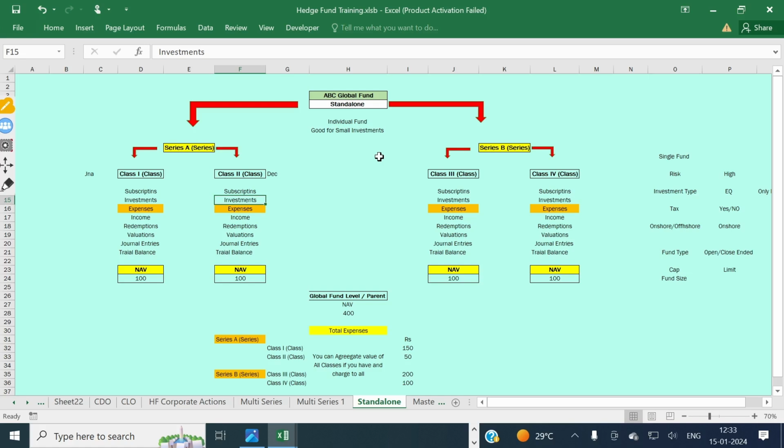So you can just go through it, how a fund creates multiple classes, how we calculate expenses and income for each class, even the P&L balance sheet style. So we prepare that in a series and we compute NAV per series as well. So this is where your standalone or series method comes into the picture, so that we create multiple series. But let me just tell you, in private equity, we don't create multiple classes.